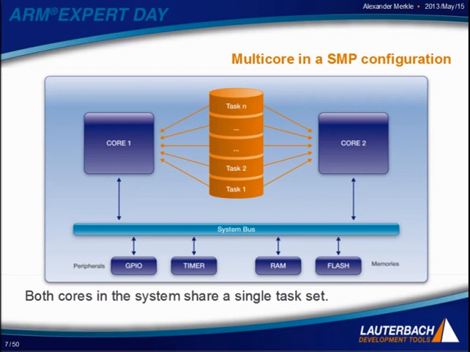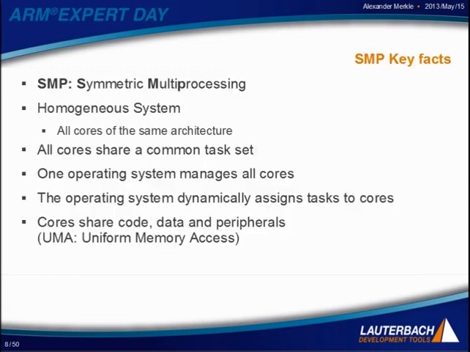In this case, the operating system is aware of all cores of your system. It knows about all CPUs in your chip. And what we get is also a concurrent execution, like in the AMP case, but this time of one single task set. So SMP means symmetric multiprocessing.